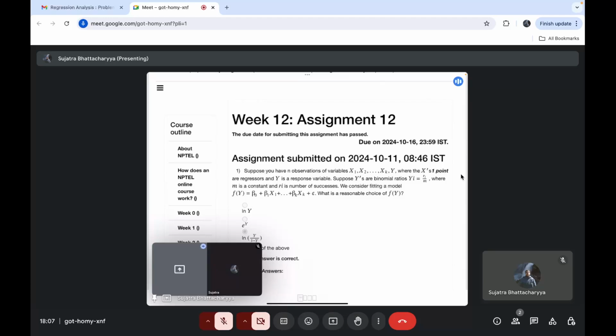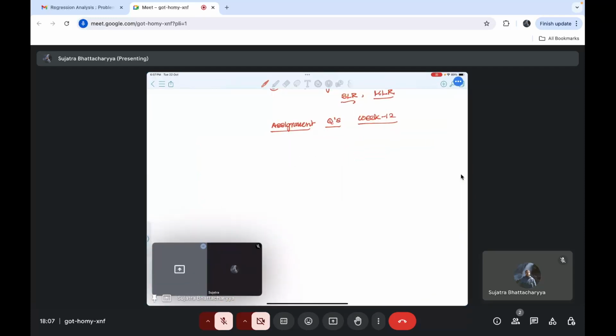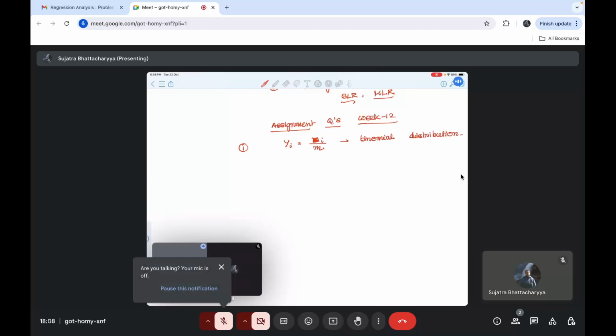We know from the last class that yi is equal to ri by m, this kind of thing we have seen in the binomial distribution, right? So it's coming from the binomial distribution, which we have already seen in the last lecture. Where m is a constant and ri is the number of successes.